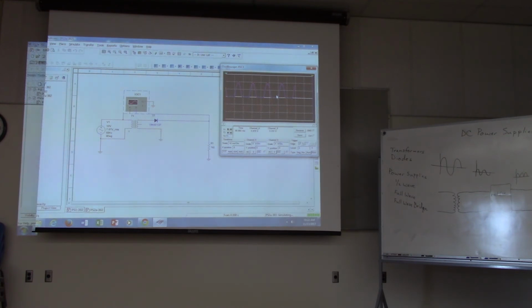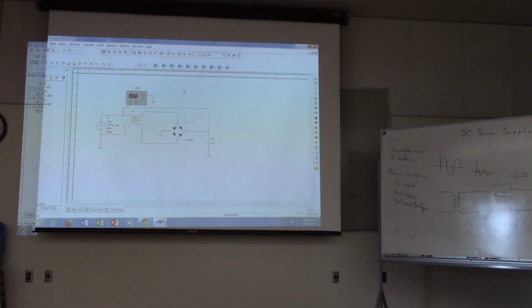So you're going to draw that in your lab book, and note that you're capturing only the positive halves of the signal. Then we will go on and do the next circuit.